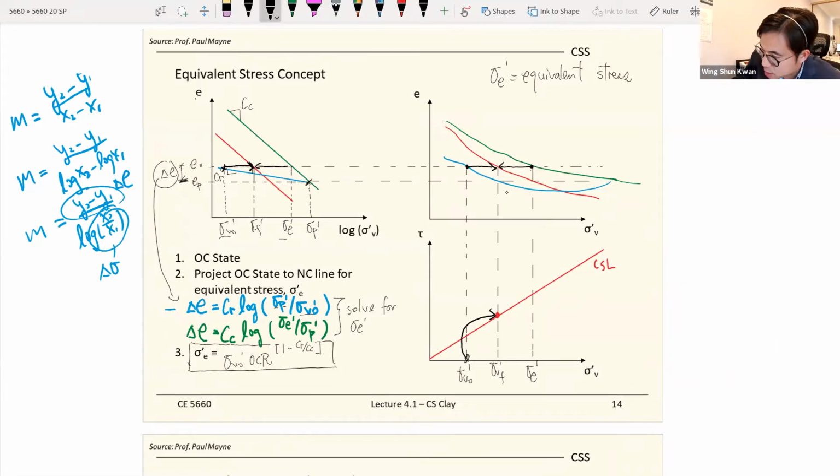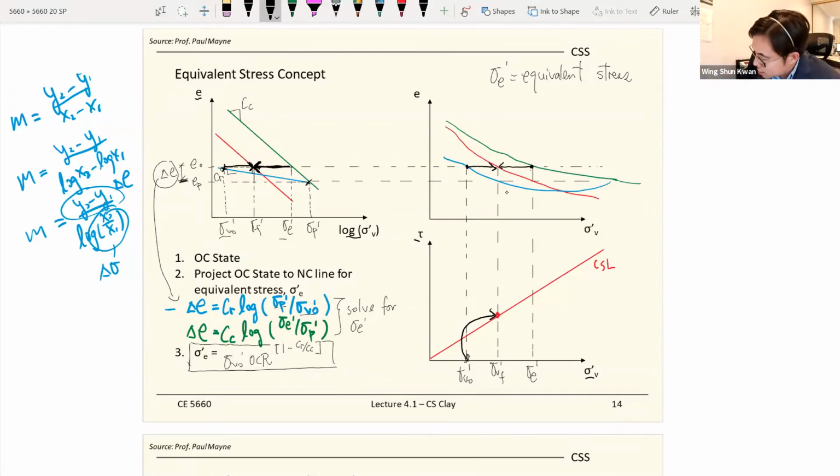But this is the e-log p space, and this is the shear stress and vertical stress space. So realize the equivalent stress concept tells us there will be a mirror image going from the equivalent stress to the failure points, to the end points.